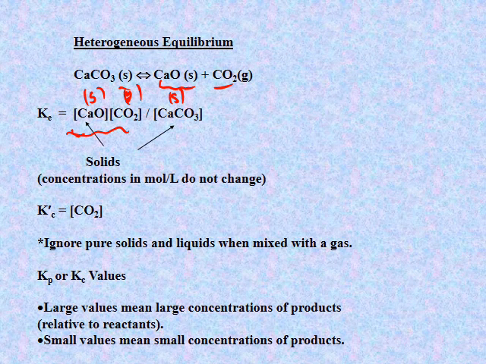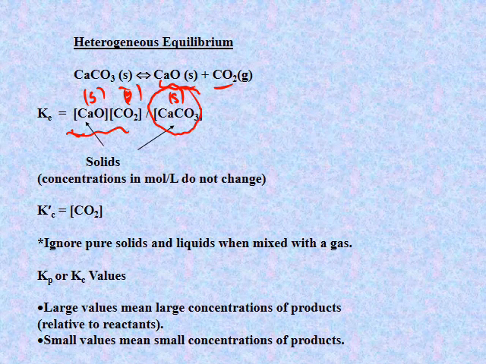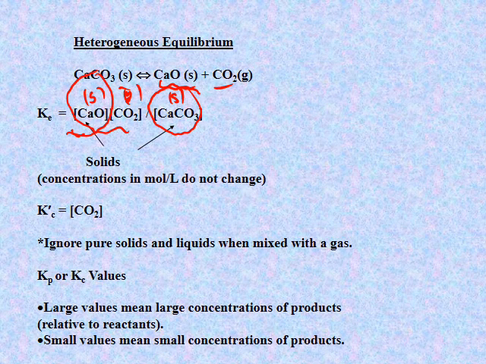Now, for a solid, as long as even a little bit of solid is there, moles per liter is going to remain the same. That's why solid concentration doesn't go into the expression. In other words, even though we originally wrote down this solid and this solid, there will be no change in concentration, because the way we define concentration is moles per liter, and it doesn't change for any solid.